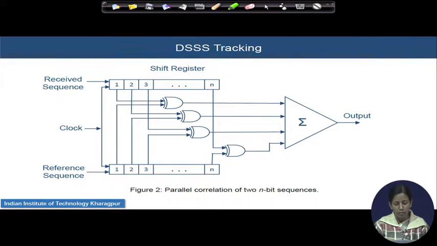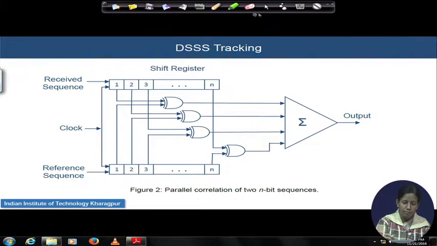This is the combination of all the XOR gates and the shift registers in the circuit, and the received sequence is getting fed and stored in the upper shift register. The reference sequence, the locally generated PN sequence, is stored here. So, the n-chip locally generated PN sequence is stored in the lower register, and the n-chip incoming signal is stored in the upper shift register.